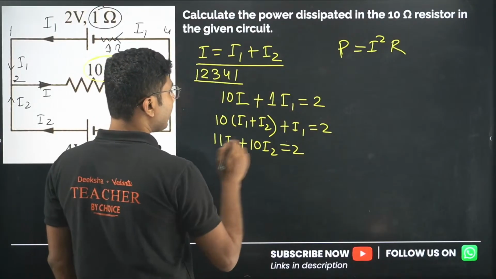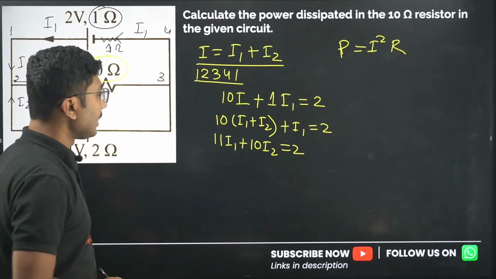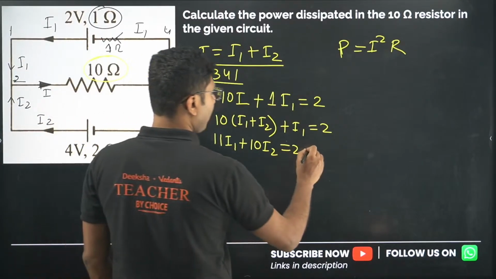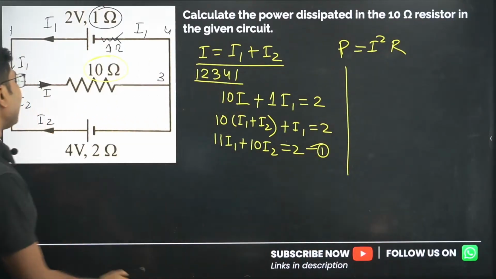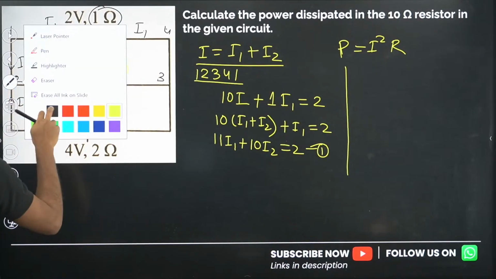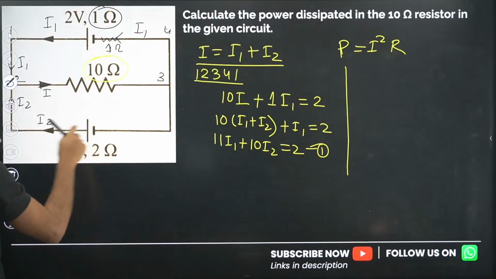So 11I1 plus 10I2 equals 2. Now this is our equation number 1. This part is done. Next we will apply the same principle in the second loop. We can take the second loop this way or that way.